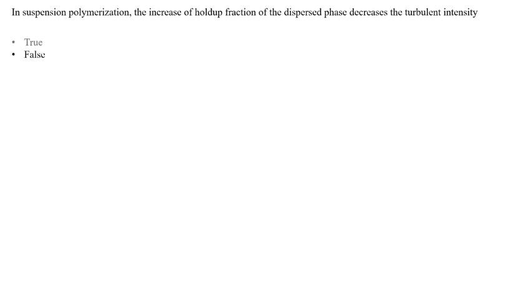If the dispersed phase drops are being held back, either with an increase in viscosity or because the energy input power per unit mass is low or high, that will definitely affect the turbulent intensity. So it's true. That's why an increase of holdup fraction decreases the turbulent intensity of a system in the suspension polymerization process.